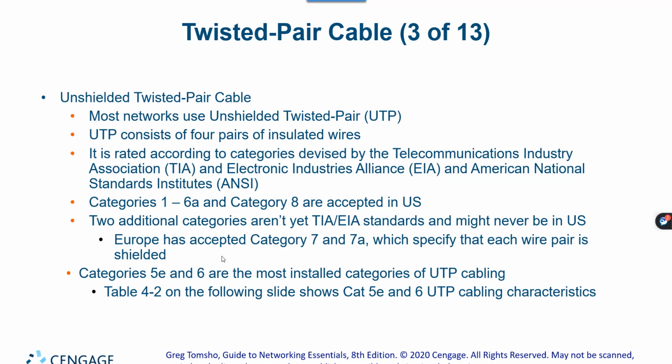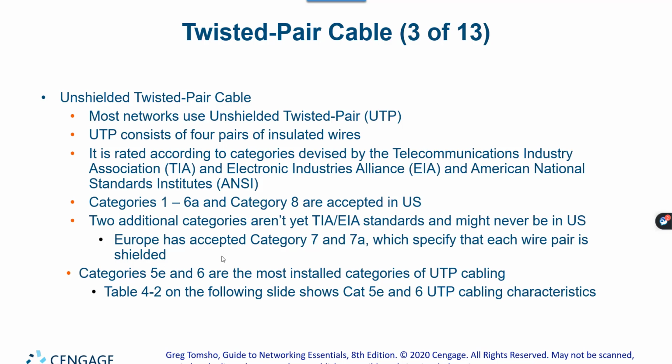There's 2 additional categories that aren't standards yet. They may never be in the U.S. The European Union has accepted category 7 and 7A. And inside of there, it's going to be more expensive because each wire pair is shielded also. So we have foil around the cable, but we also have foil around the pairs.